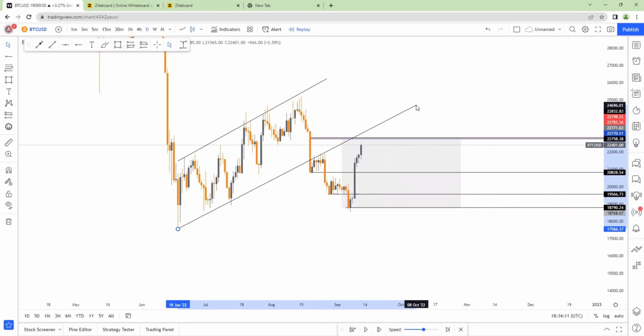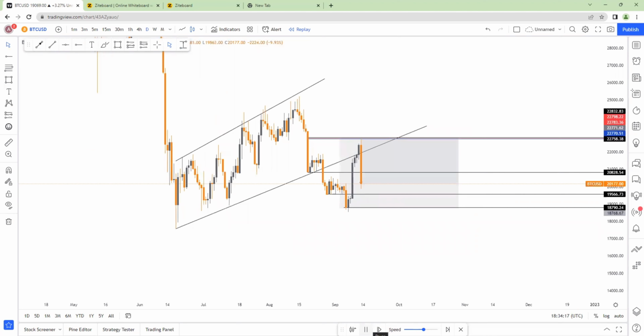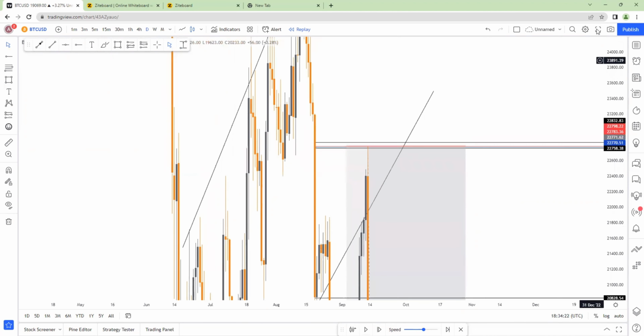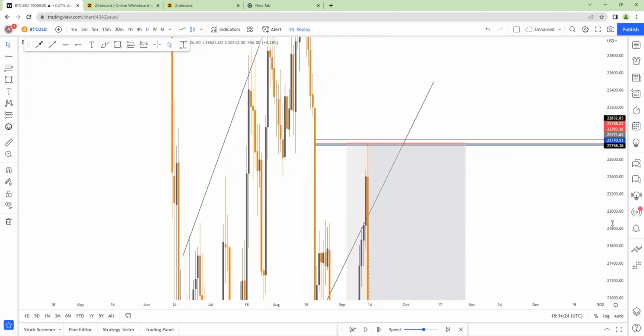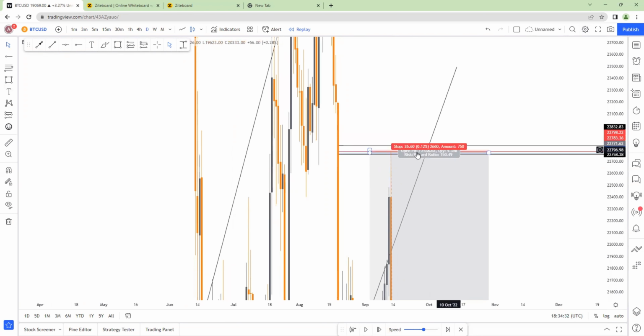Maybe you can adjust up to this point, but I would like to put it this way. So let's see. Boom. As you can see how the market reacted with this kind of stop loss here. The market just tapped into our area with such a very small drawdown.